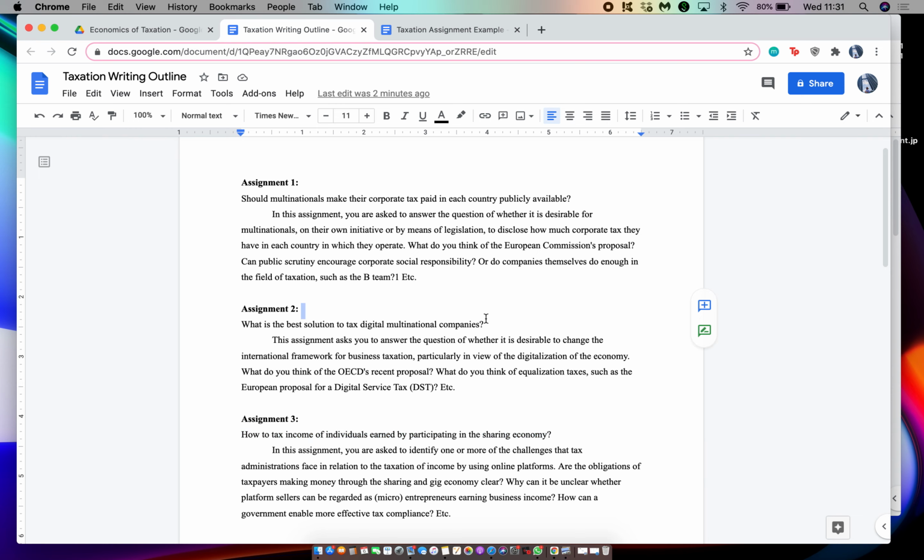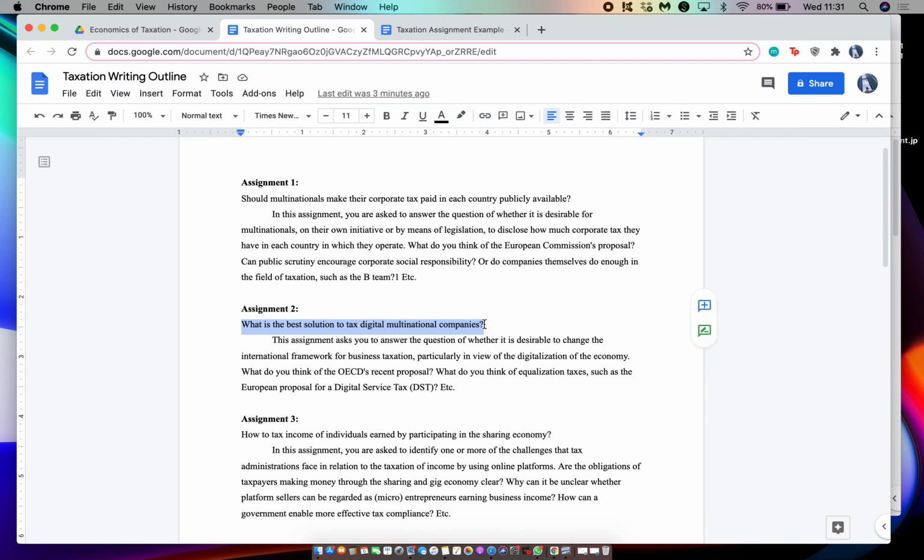And then once you've chosen your assignment, 1, 2, or 3, then you need to make a research question. In terms of all of these three questions, you can make the research question more specific than the questions from the assignment. Actually, I would recommend you make it more specific because, for example, in assignment 2, what is the best solution to tax digital multinational companies?